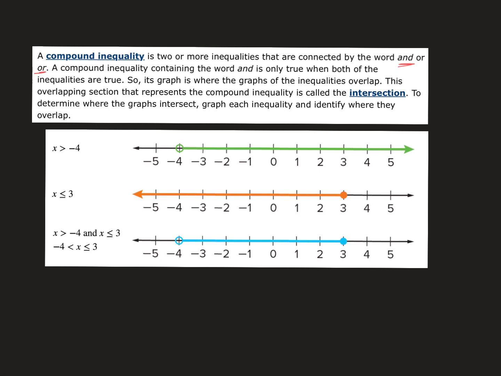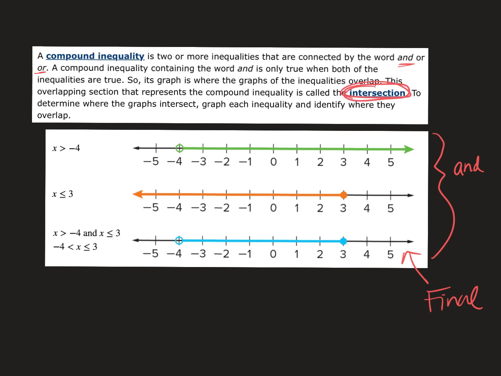When you look at this first drawing here, this is what an and looks like. This is actually the final answer of an and here at the bottom. This is the final and. The main word to remember for an and is that it's the intersection. And is the intersection.